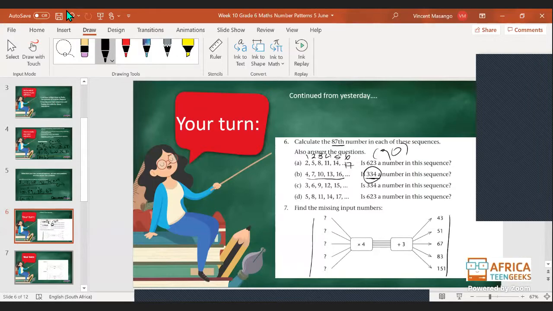Okay, this flow diagram here, you've got inputs, well, we've got outputs, and we need to just calculate the inputs. For the first one, the process is times 4 plus 3, and the output is 43. Right, what is our input? What number did we times by 4 and add 3 and gave us 43?